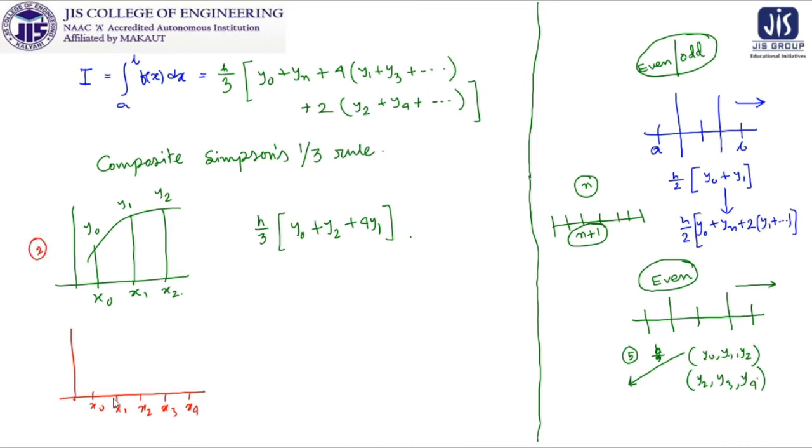Here we are having 1, 2, 3, 4, 4 sub intervals. Then the integration can be done from x0 to x4. It can be distributed as x0 to x2 plus x2 to x4.